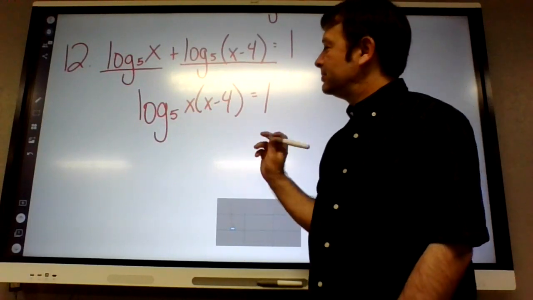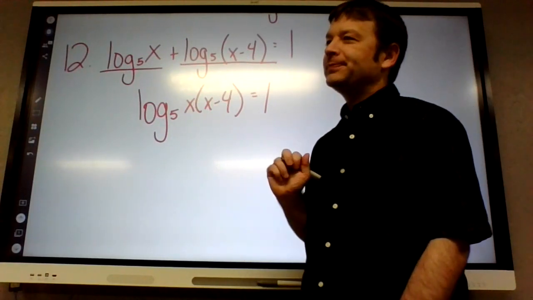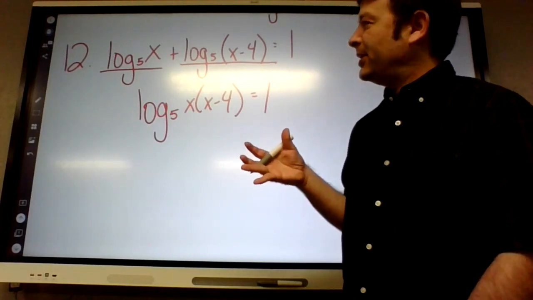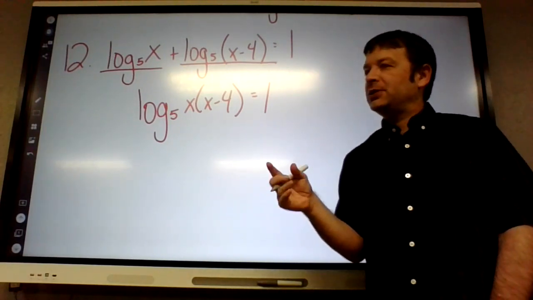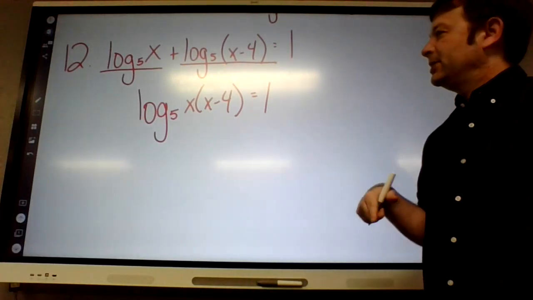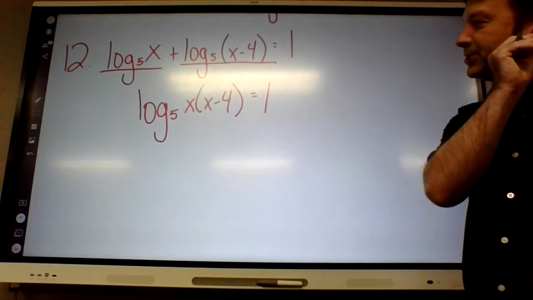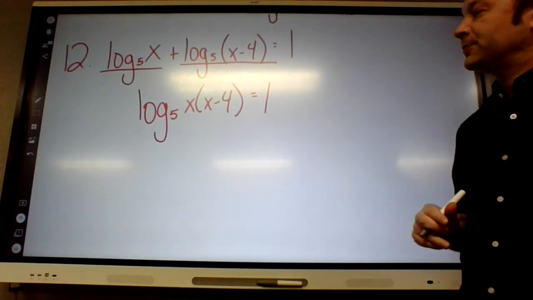And then, now what? You run to exponential. If you're solving a log equation and it's not just plug it in the calculator kind, then usually you have to change it into exponential form.